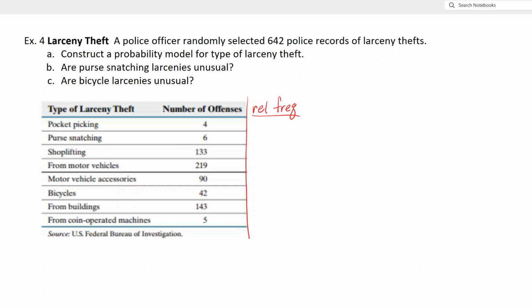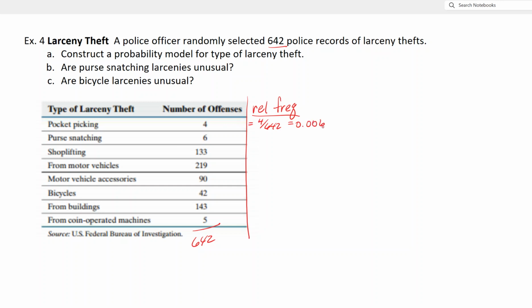In order to calculate the relative frequency, we need the total of all the offenses, which we've already been told was 642 records.